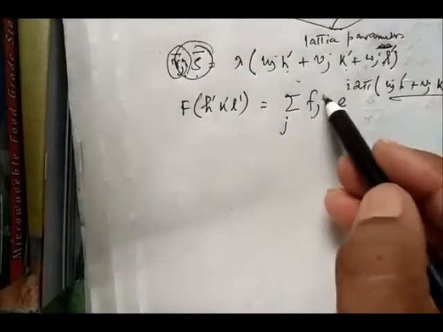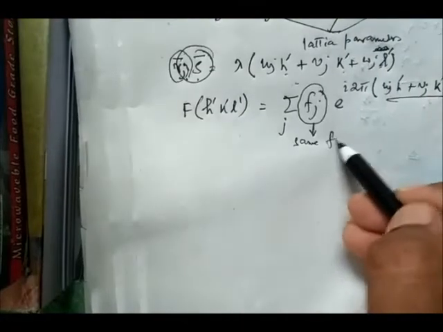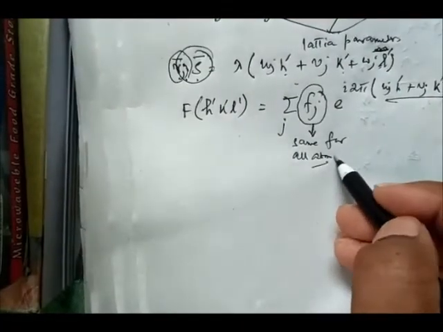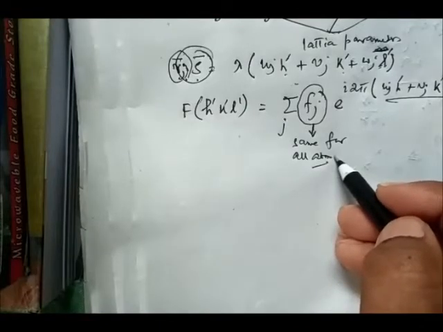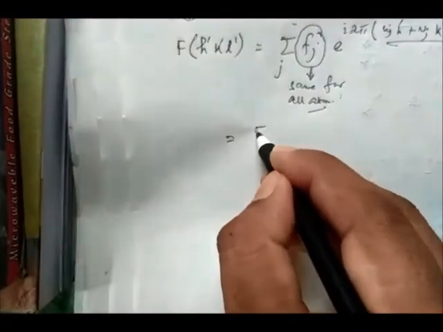Now if this fj is the same for all atoms, because it's a crystal, so it may be the same for all atoms, then I can just replace this fj by f, and what you will get?